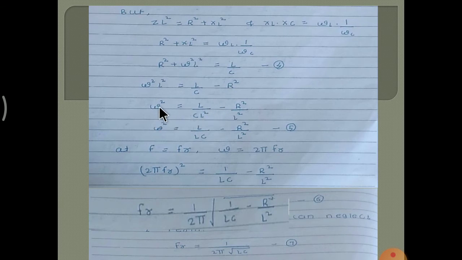Then omega square is equal to, taking L square to the right side, L upon C L square. This L square gets divided into both terms, L upon C L square minus R square upon L square. Then omega square is equal to, one L is cancelled, and only 1 upon LC remains. Here 1 upon LC minus R square upon L square.